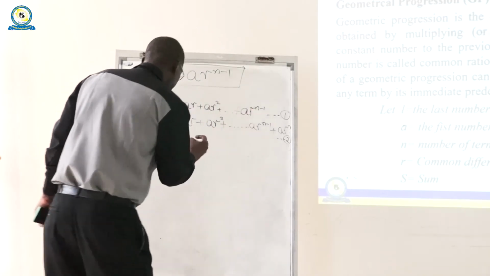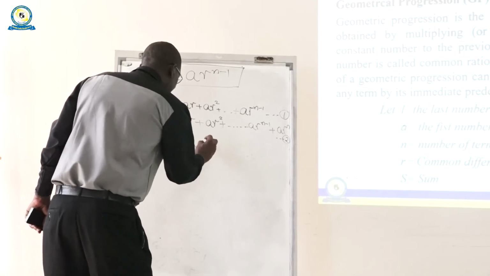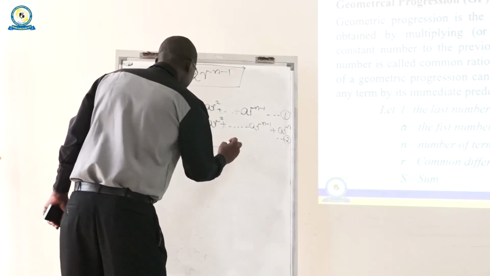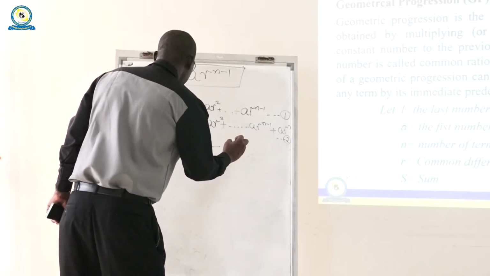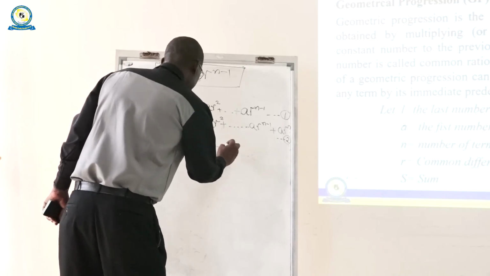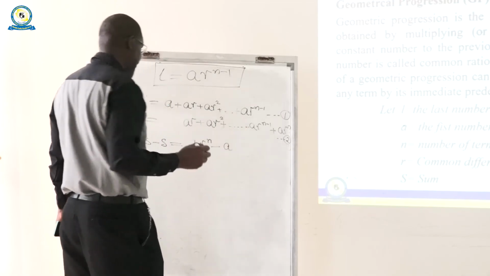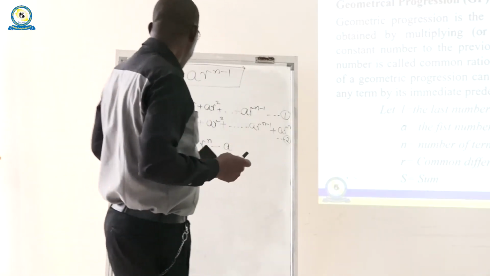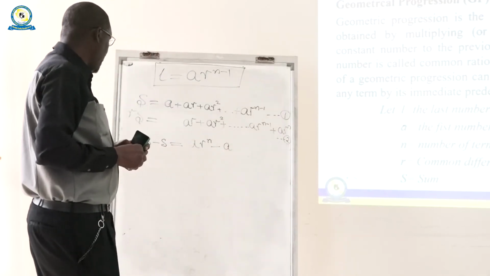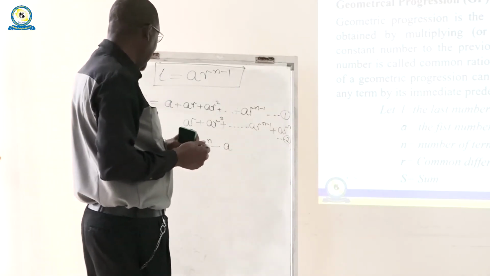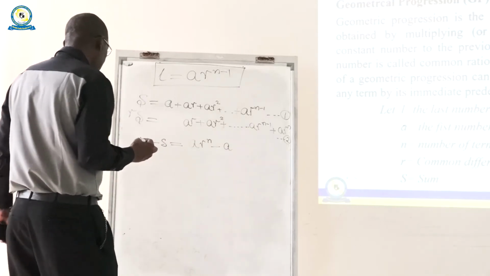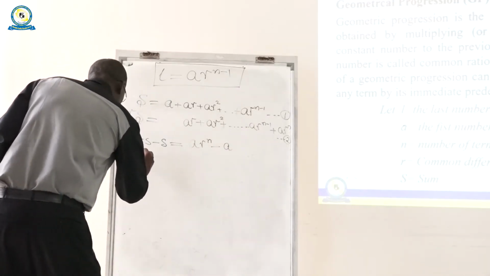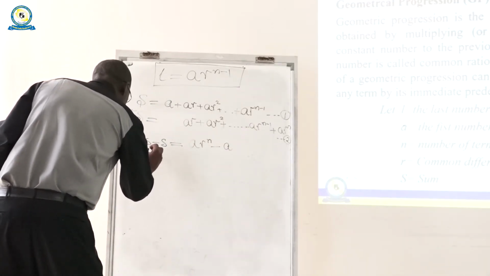We remain with AR^n minus A. We factorize.